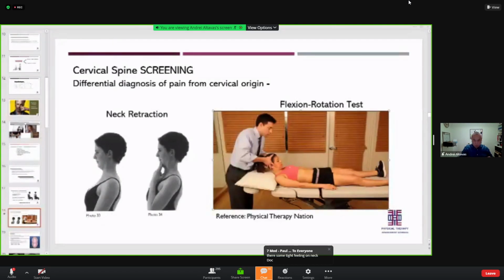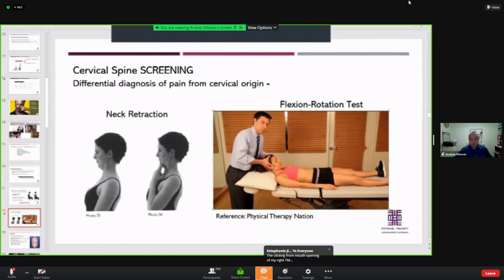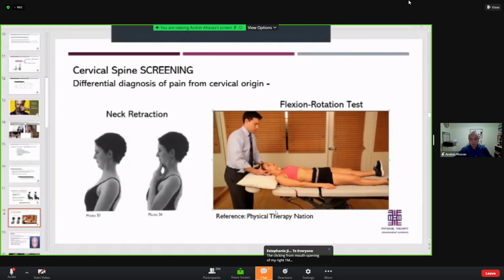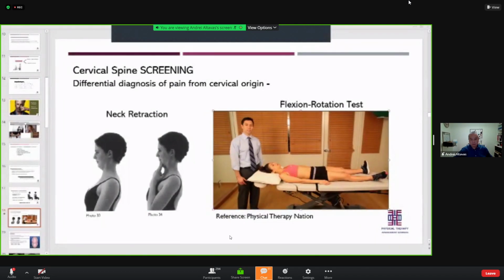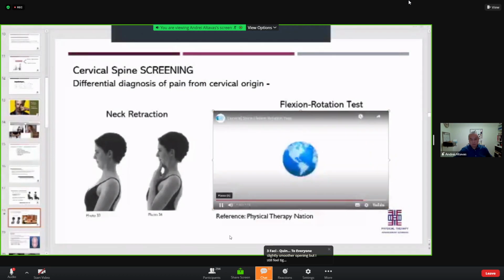The clinician is specifically looking for reports of pain or limitation of motion. So for example, if right rotation is limited, there's movement dysfunction on the right C12 joint. This is a highly sensitive and specific test for identifying movement dysfunctions of the C12 joint.